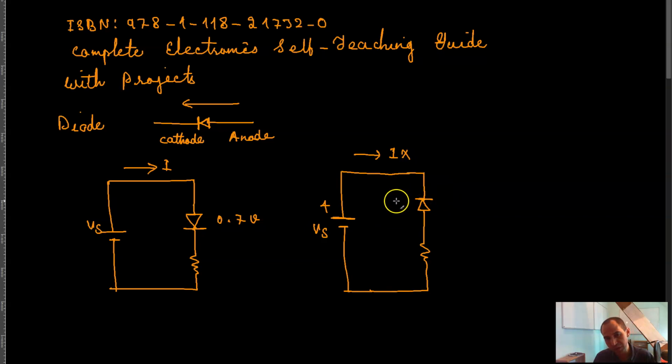And the whole power supply, of course, would be available at the terminals of the diode. So this is how you forward bias a diode, and this is how you reverse bias a diode. In different situations, you have to do one of these two.